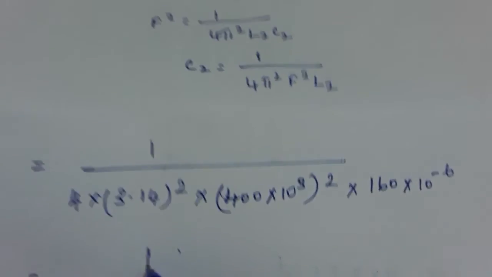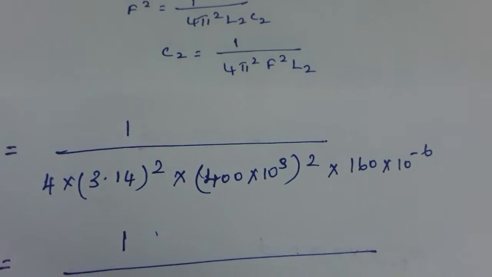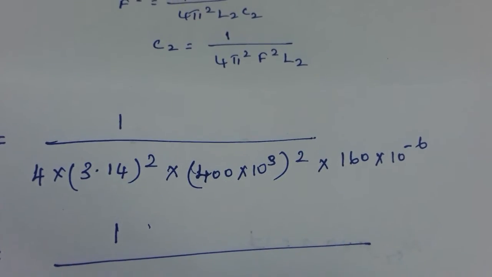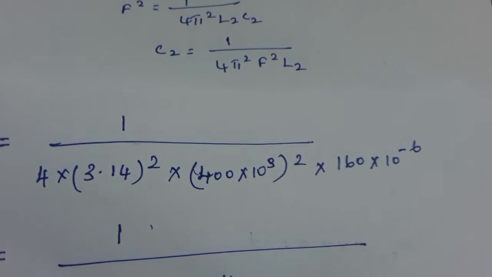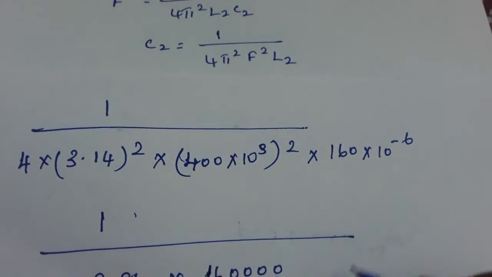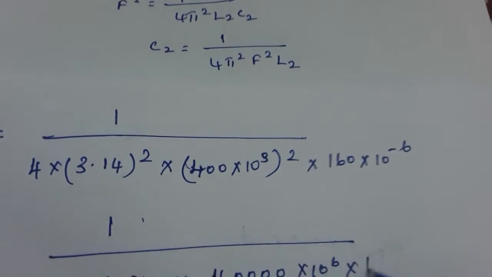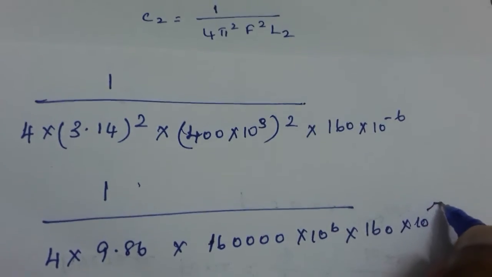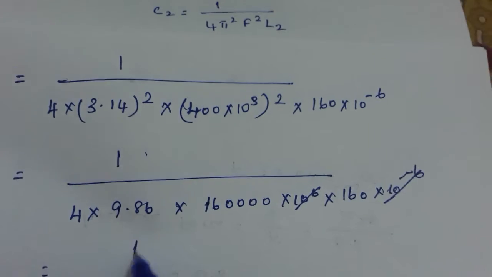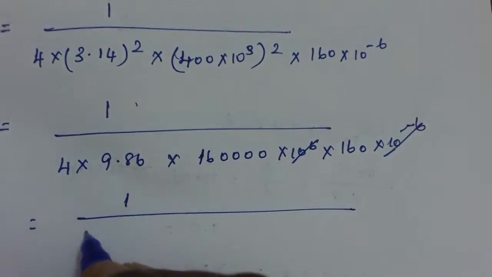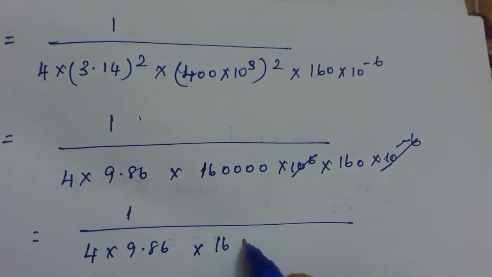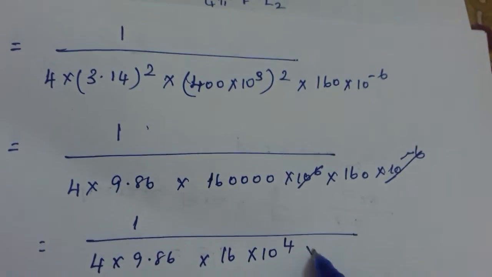So this can be written as 1 by 4 into 9.86 into 400 square, that is 160000 into 10 raised to 6, into 160 into 10 raised to minus 6. So 10 raised to minus 6 and 10 raised to plus 6 will get cancelled. So it is 1 by 4 into 9.86 into 16 into 10 raised to 4 into 160.